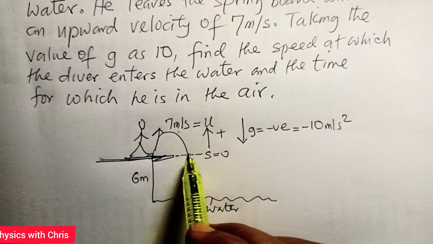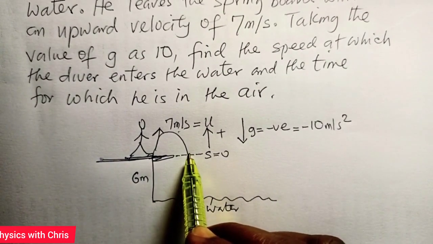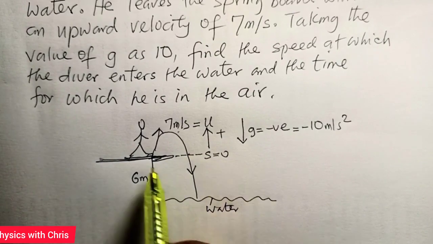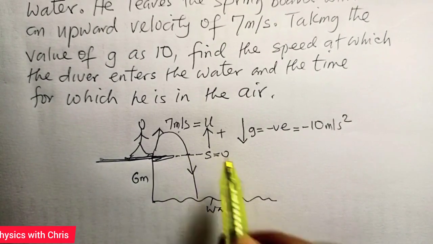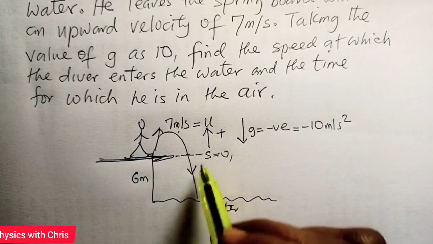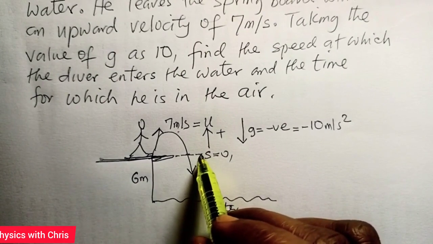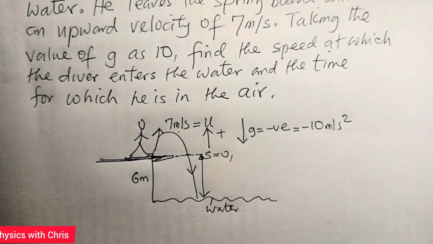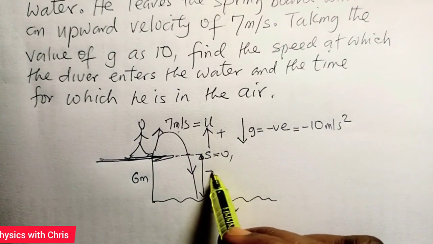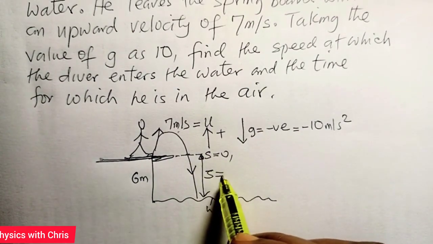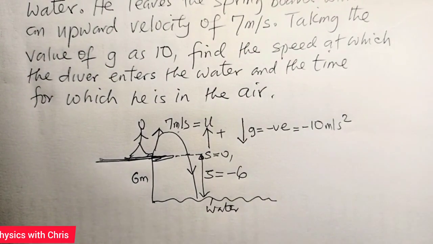So when he's back to the same plane from which he projected himself, when he's back to the same level he was earlier, then his displacement is 0. Now, it means that the displacement from this level to the water, we're going to take it as negative because it's below the 0 line. So my displacement here, I'll take it as minus 6.